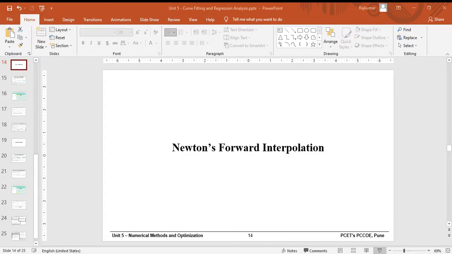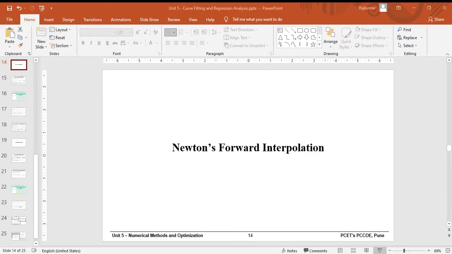Similarly, 159 minus 124, you will get 35. 190 minus 159, you will get 31. Similarly, you can complete the next column. Just repeat the same process: 151 minus 42, 9, and so on.